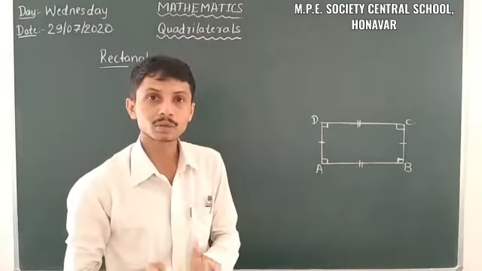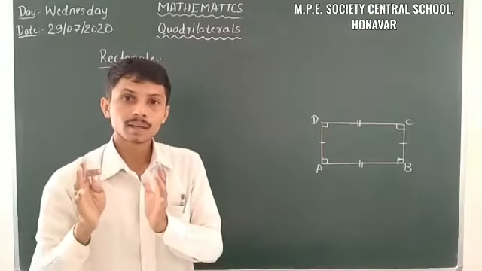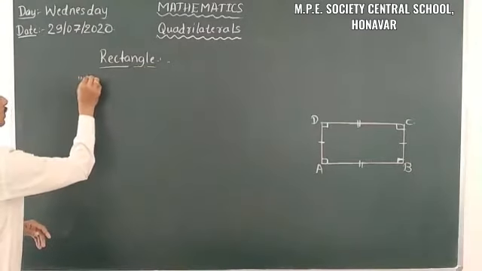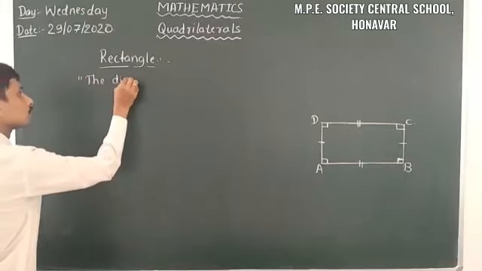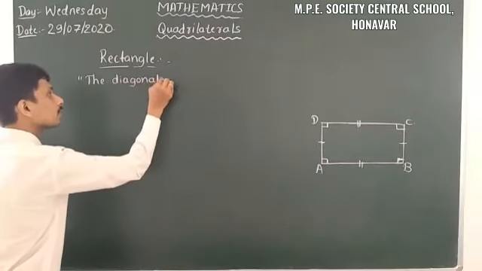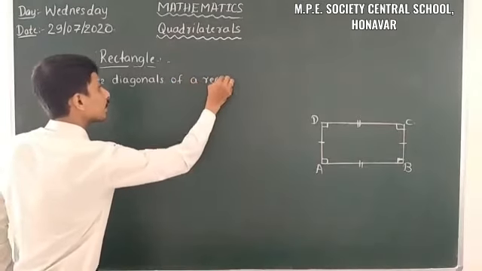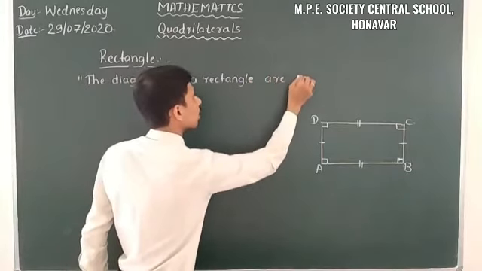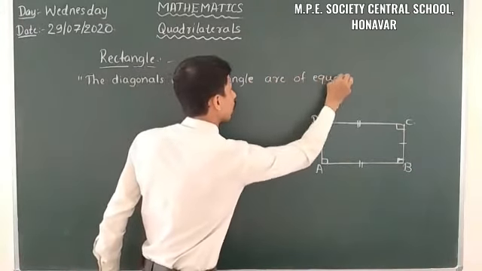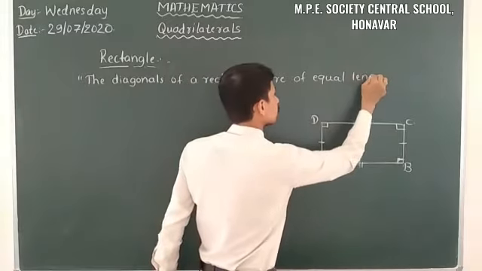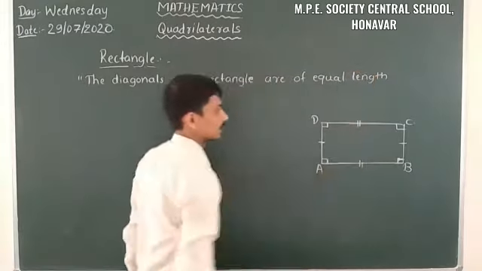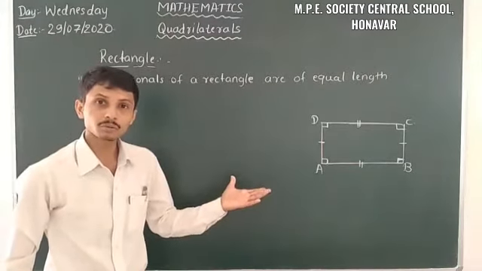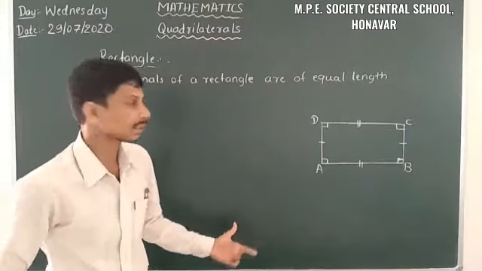So that is the property we have to prove: the diagonals of a rectangle are of equal length. While proving, we have to write the given things first.